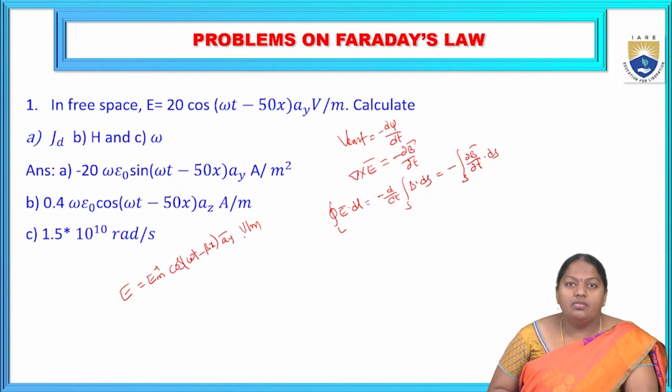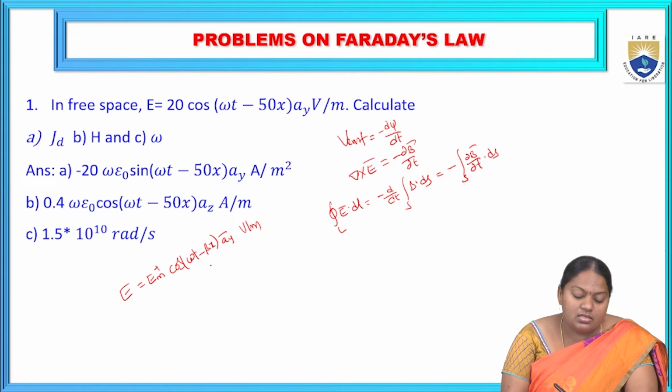In general, we can express the electric field in terms of its propagation characteristics as E equal to Em plus cos omega t minus beta x into Ay, where omega is the angular frequency in radians per second, and beta is the phase constant, considered in the x direction for a wave propagating in the positive x direction. E is expressed in volts per meter.